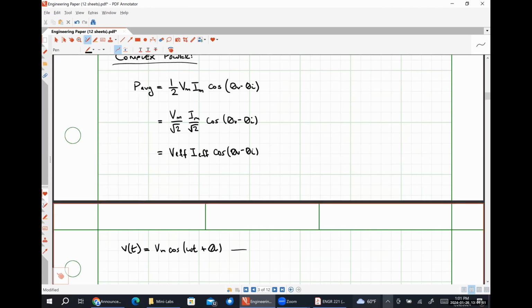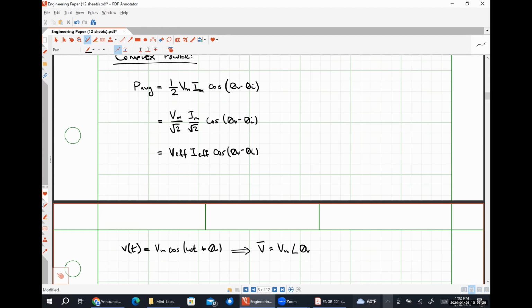And we know that we can convert any time domain signal into a phasor or frequency domain signal by effectively just keeping the magnitude of the cosine representation of that signal, keeping the phase angle of the cosine representation of that signal, and then throwing everything else away. So our phasor representation of this voltage would be V is equal to Vm with an angle of theta V.